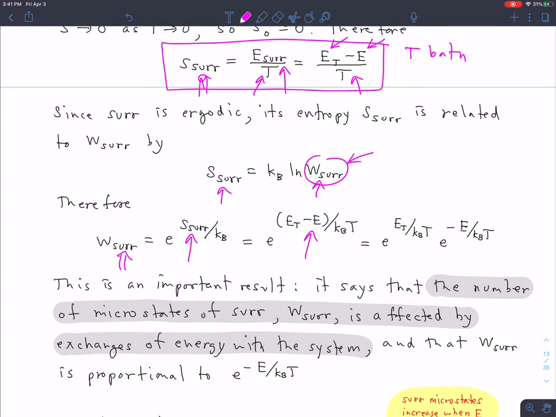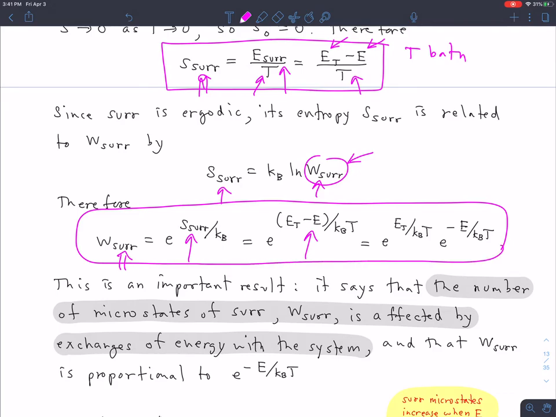We now plug in our expression for S_sur, and that gives us this very important result: the number of microstates in the surroundings is equal to a constant, right? This total energy is a constant. So a constant times e to the minus the system energy divided by k_B T.